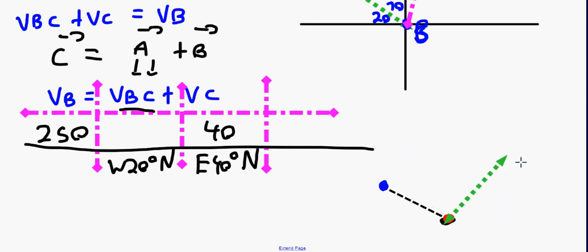I don't know what direction to put that bullet in, so I'm just going to leave that there. But what joins end to end with phi bc? Exactly, and what direction does that go in? East 40 degrees north. Once again, don't really know what length to make it.